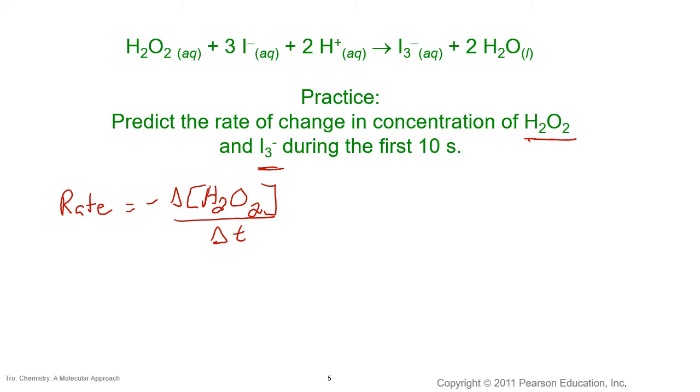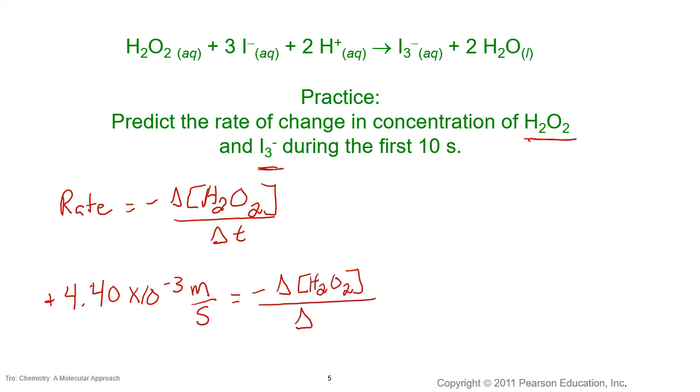And we know the rate is positive 4.40 times 10 to the negative third molar per second, which equals our negative change. We want the hydrogen peroxide by itself, so the negative sign has to move over. So the change in concentration is a negative 4.4 times 10 to the negative third molarity per second for hydrogen peroxide.